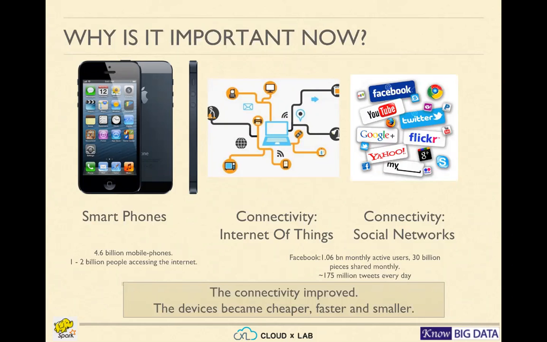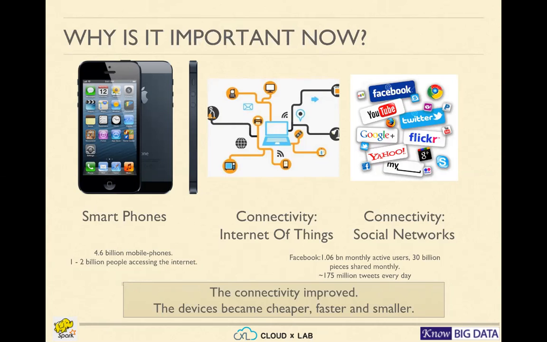The simple answer is devices and the networks. On one hand, the devices, the hardware, became cheaper, faster, and smaller. On the other hand, the connectivity between the devices or the people became better and faster and everywhere. And these two reasons are the reasons why the data started exploding.